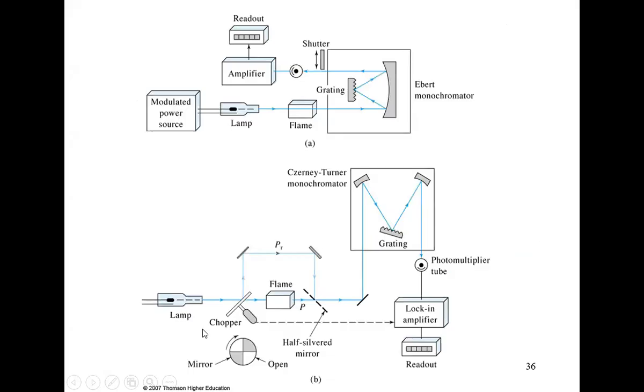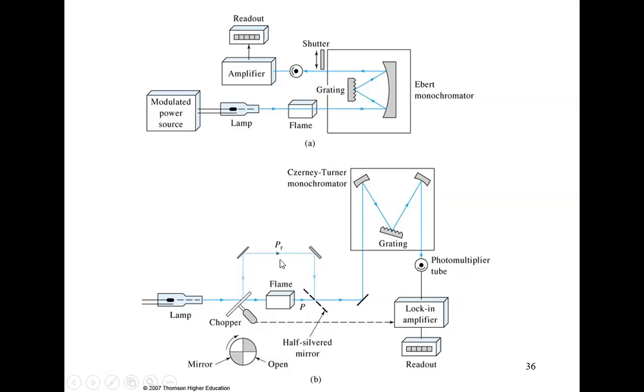Here is a diagram. The first diagram here is what we saw earlier. You have a lamp, you have a chopper here, then here is the reference power, PR. Here is the power that goes through the flame. There is a half silver mirror, and a chopper dividing the light into two.